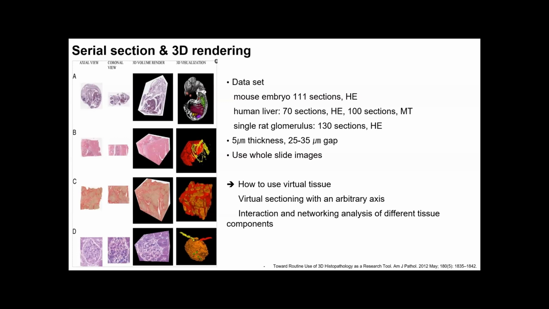This virtual tissue block can make virtual sections with arbitrary axes and show the interaction and networking of different tissue components using various stainings. However, it can be used for research only, not diagnostics.